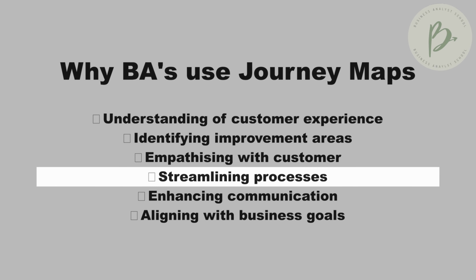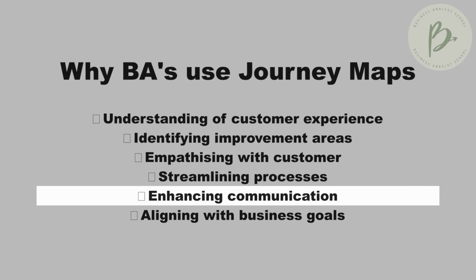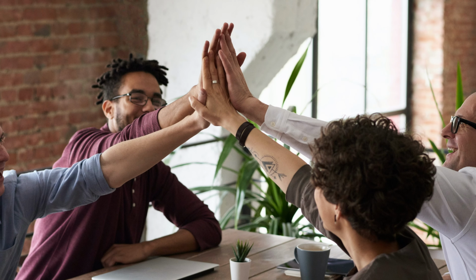Now, another reason we use customer journeys is to streamline processes. It helps us in identifying redundant steps and bottlenecks in our case, the order fulfillment process, which can be optimized or removed. Another reason is to enhance communication. Communication is key. Understanding the customer journey aids in developing better communication strategies at each touch point, thereby ensuring that the customers are well informed and engaged.